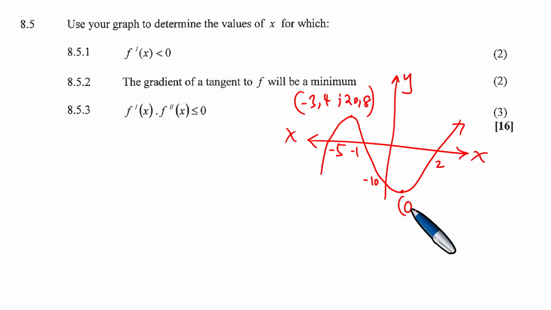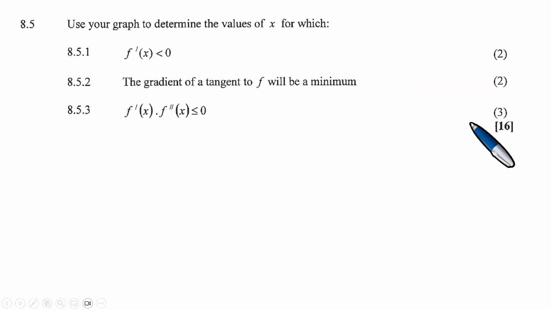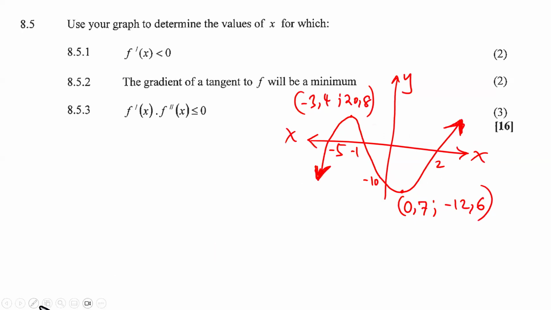Okay, so it is 0.7. All right, so this is the graph of f. If this is the graph of f, then you need to use your graph to determine the values of x for which the first derivative is negative.